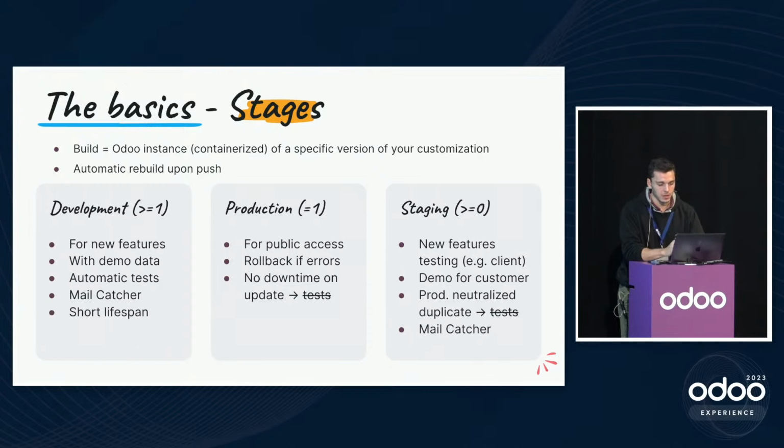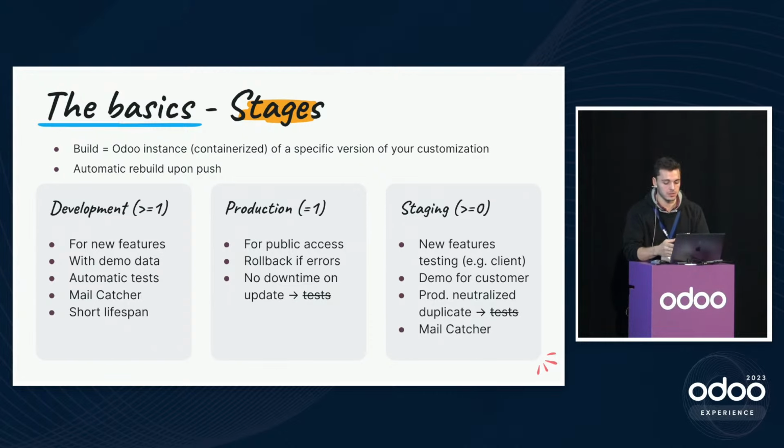Again, for the development, there is also this mail catcher, because now you have real data from clients, so it's their real email, real contacts, and in that case you really don't want the mails of your tests to be sent to them. This is the idea behind the mail catcher. Of course, on a more technical side, when we create those staging branches, we have what we call neutralization.